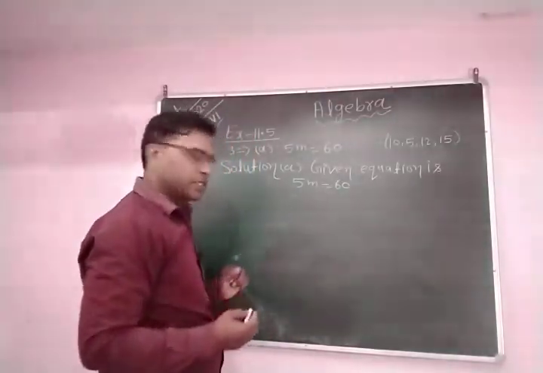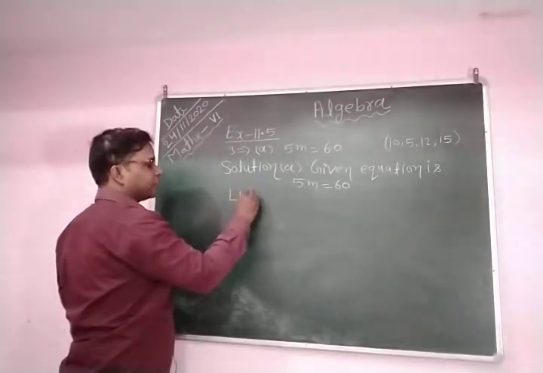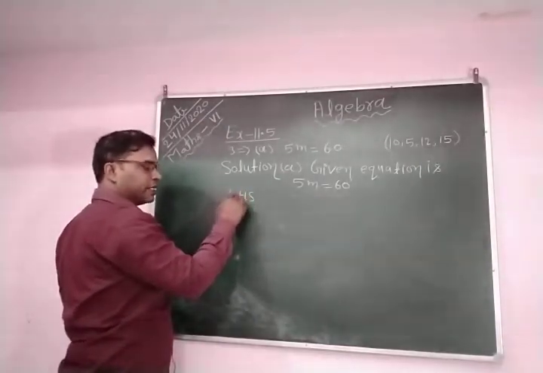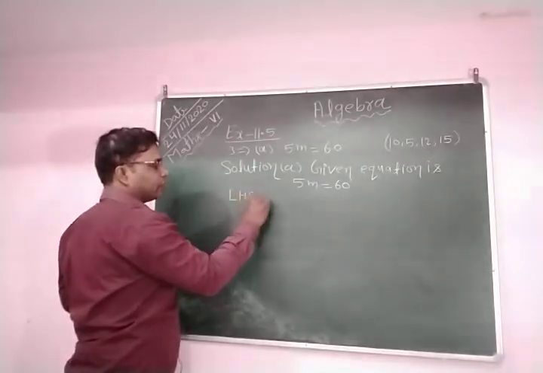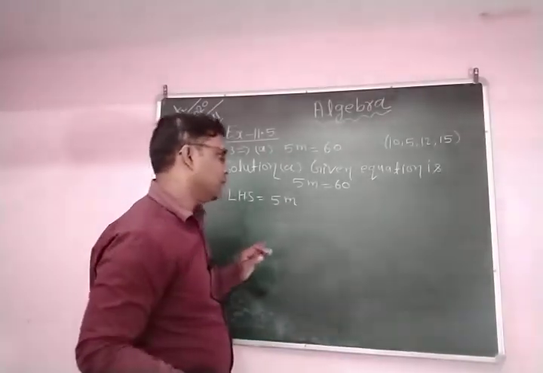So we take the left hand side, LHS. We write left hand side, LHS, equal to 5m. Now we put in m = 10. This is the first value.